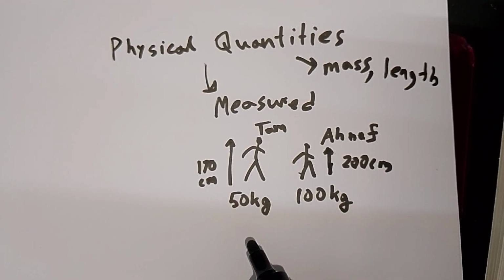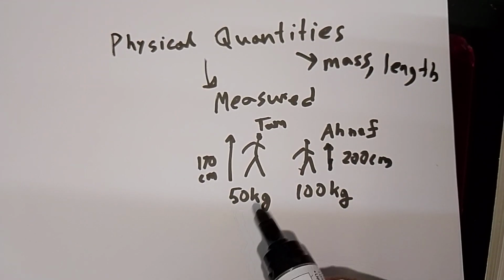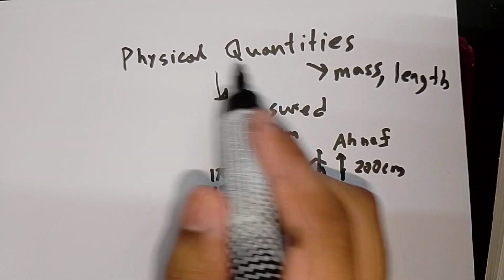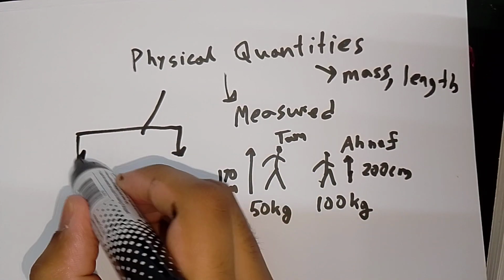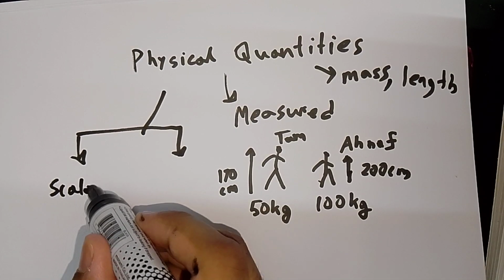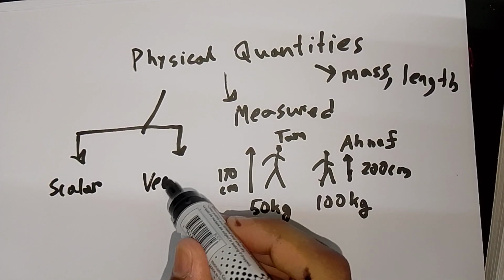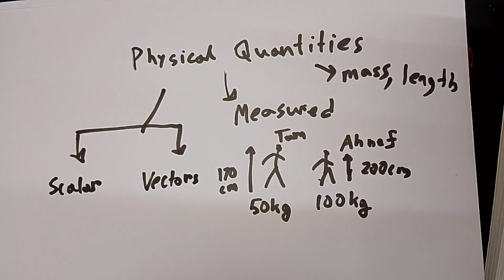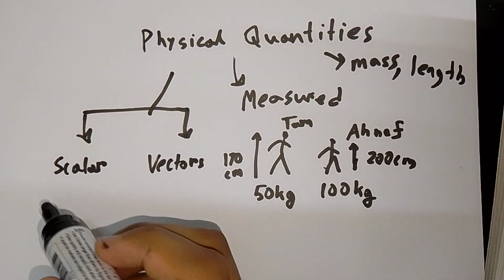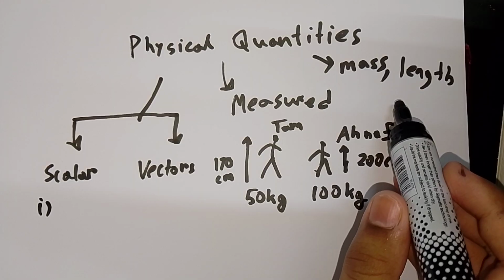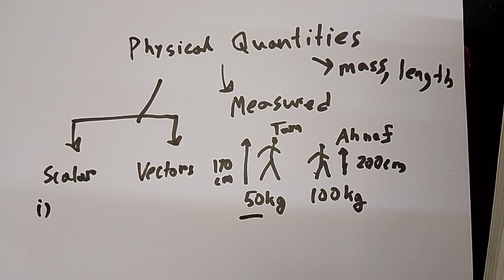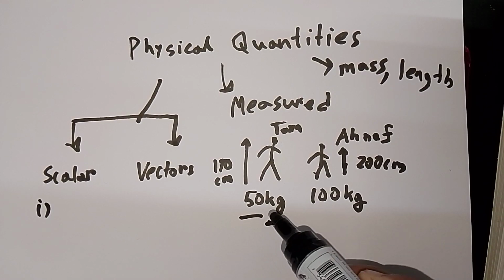Now we could divide these physical quantities into essentially two groups. One of them is called a scalar, the other we call vectors. And in the simplest of terms, scalars are quantities like mass and length. They only need a value and a unit for you to express them.